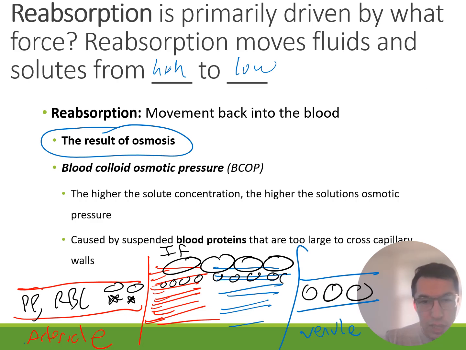So these red blood cells do not go into the interstitial fluid, right? They stay within the capillary and they collect in the venule. And the same for the plasma proteins and all these large molecules, which stay within the vessels themselves. And because there were a lot of solutes, let's go ahead and put them in green.